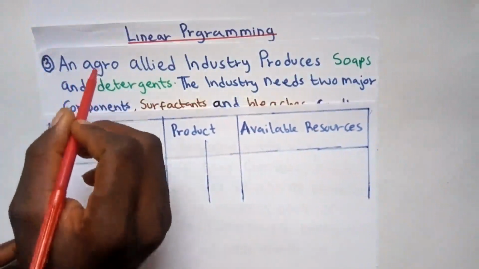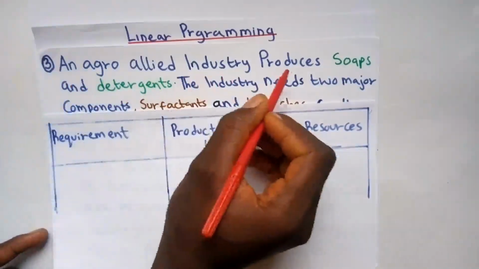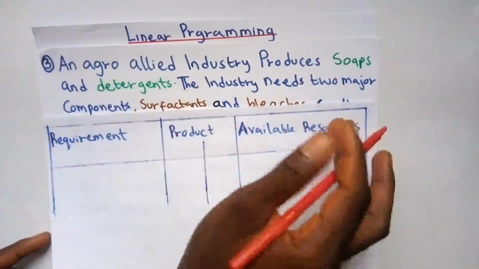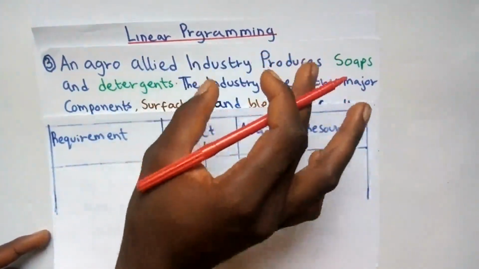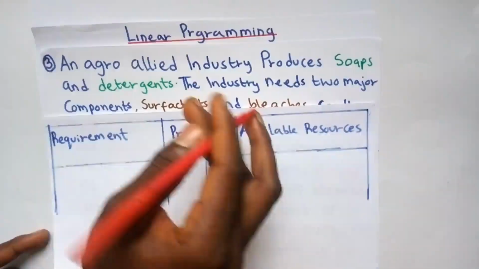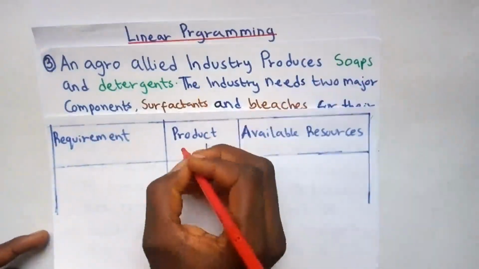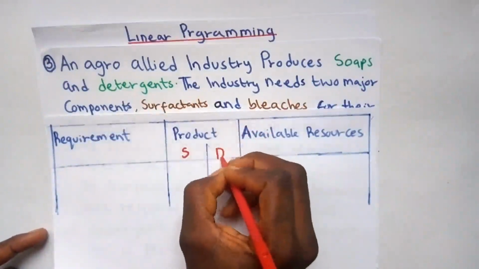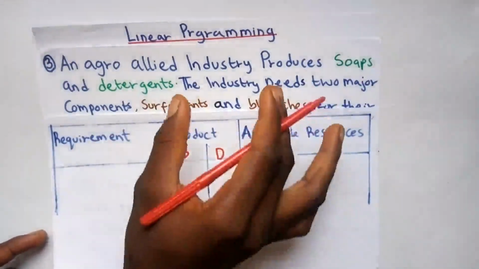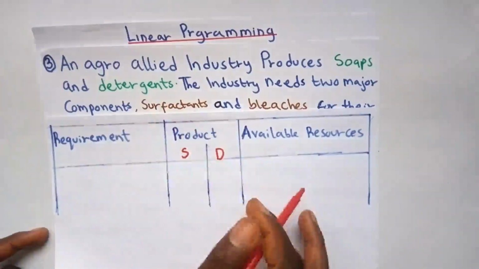Let's go through the question again. An agro-allied industry produces soaps and detergents. That is the product this company have, or the products manufactured by this company are soaps and detergent. Let's represent soap with the letter S, and let's represent detergent with the letter D. So the major products they are talking about in this question are soap and detergent.